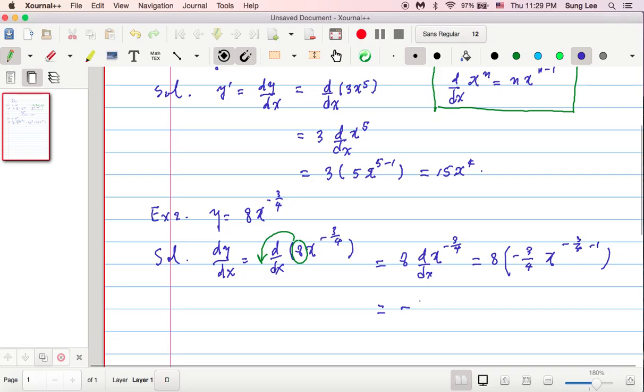So negative 6x to the power negative 3/4 minus 1, which is negative 7/4. That's it. That's the derivative.